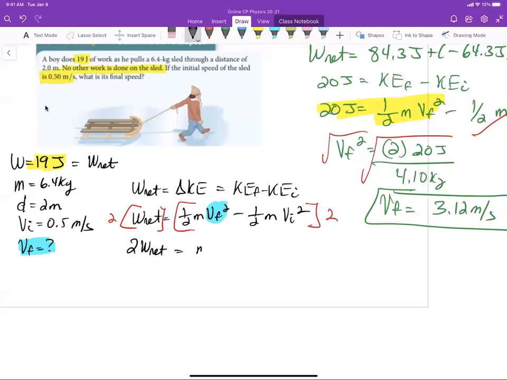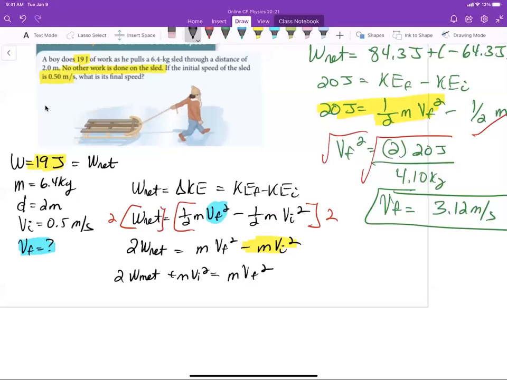The half goes away in both of them because I've multiplied by 2, and I'm getting closer. Now I'm going to move this over to the left-hand side by adding it to both sides, which will give me this. I'm getting closer. I still don't have V final by itself.